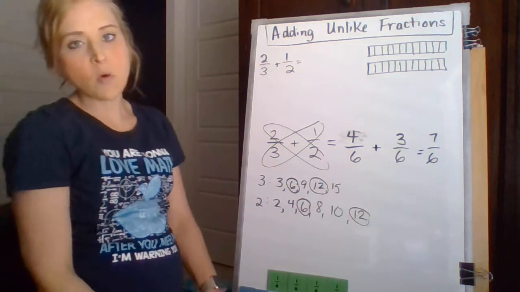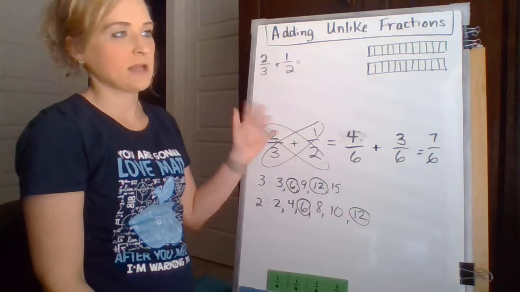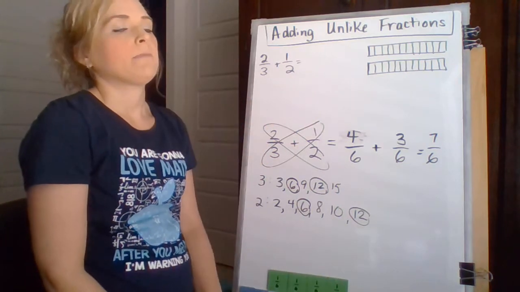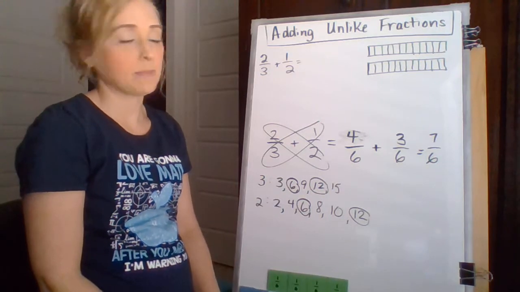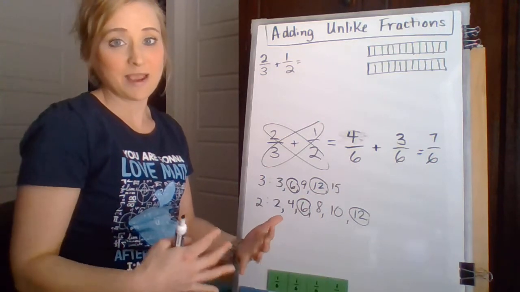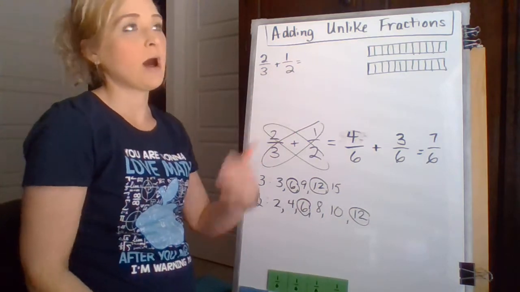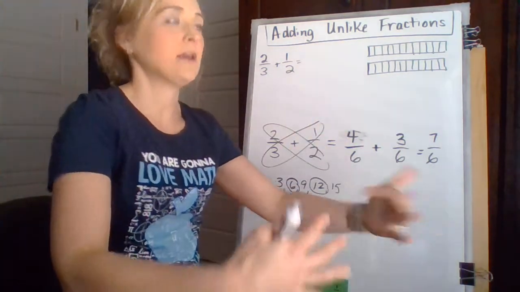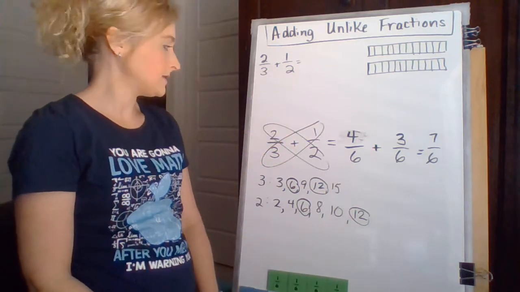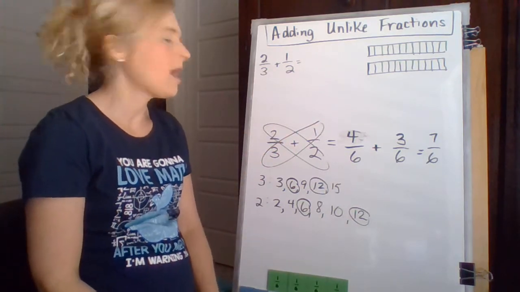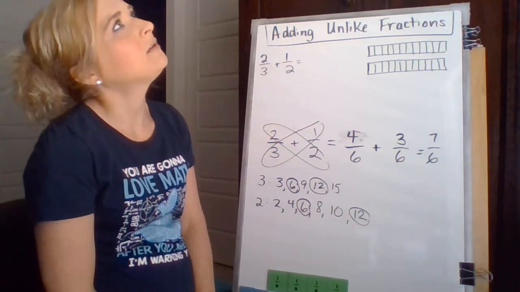Now, I never want you to memorize a procedure. I never want you to memorize just the butterfly method, and that's how you always solve these kinds of problems. I don't want you to memorize that because I want you to recognize, even when you're my age and you haven't done fractions for a while, but in real life you're encountering this and you say 2/3 plus 1/2, and you think, oh, what was that? How did I do that again?